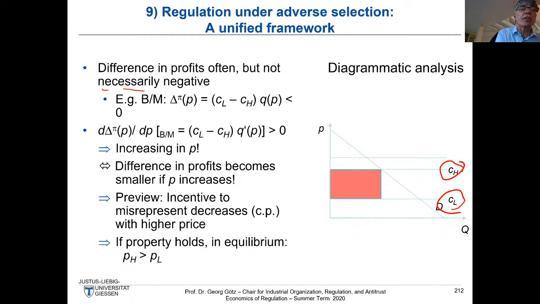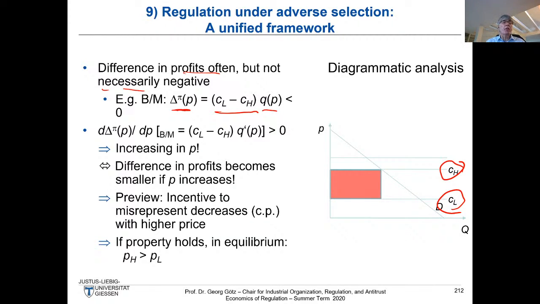And this is actually this difference in profit. And here you see in Baron-Myerson, of course, that's negative because we subtract the profit of the low type from the high type, and the low type is a low cost type. So it's c_L minus c_H times the output here. So this is this triangle, actually the minus of it.